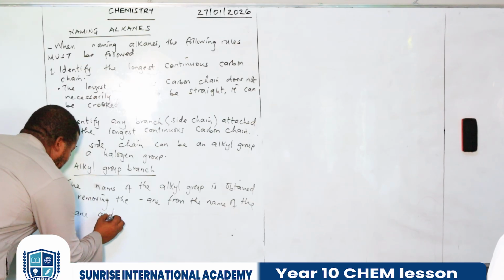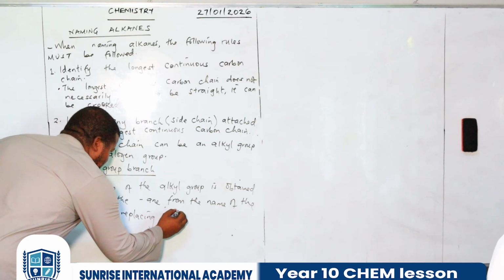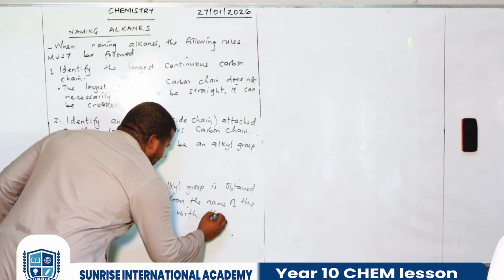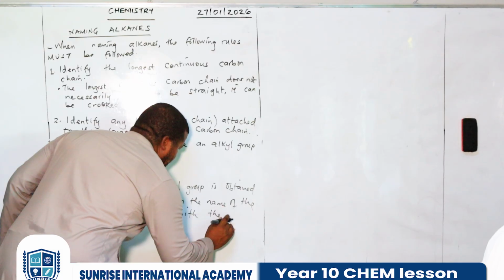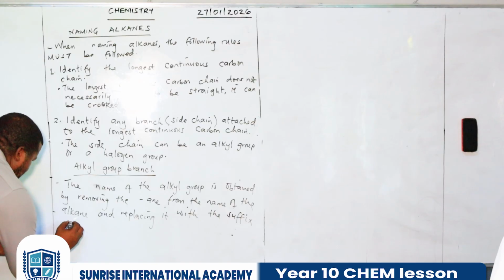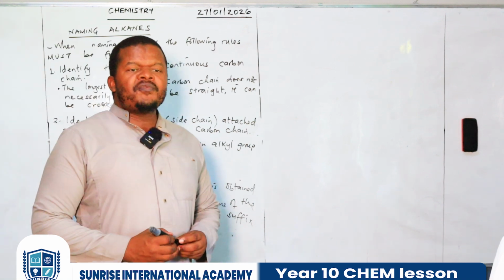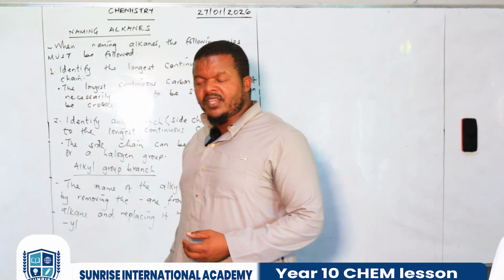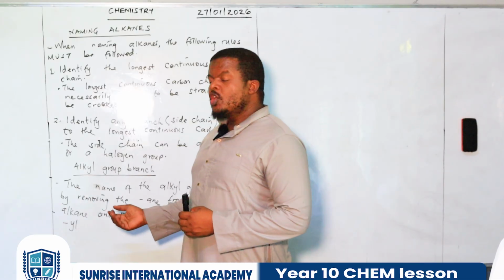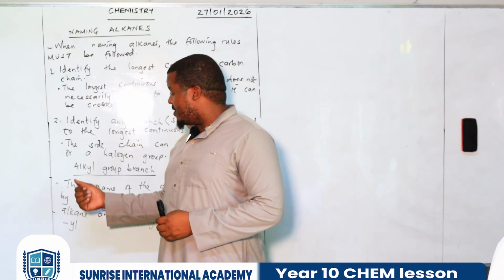and replacing it with the suffix YL. That for you to be able to name the side chain that is an alkyl group, first of all, you need to identify the parent alkane from where we are going to obtain our alkyl group.